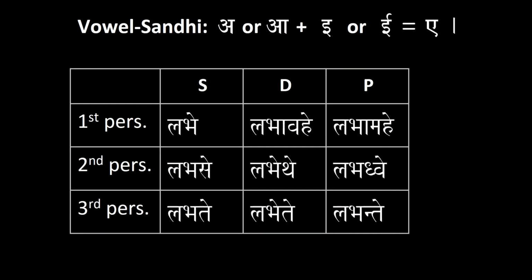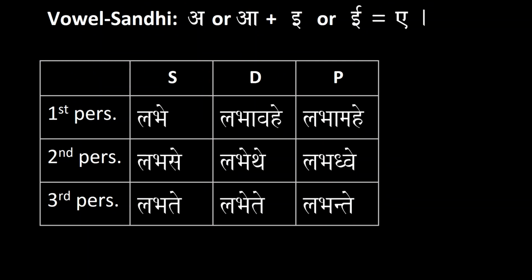So we have first person singular, dual, and plural, respectively: labhe, labhāvahe, labhāmahe. Second person, singular, dual, plural: labhase, labhete, and labhadhve. And then third person, singular, dual, and plural: labhate, labhete, and labhante.